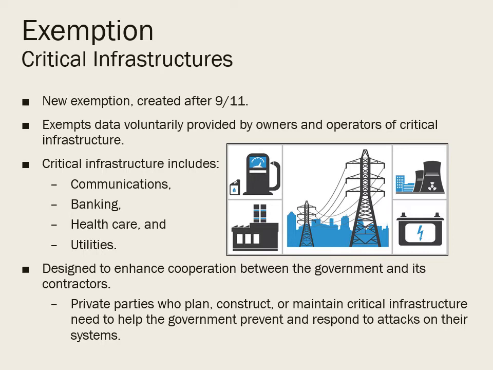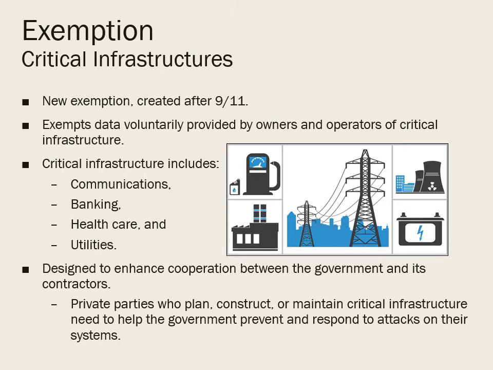It applies to communications, so you've got cell phone networks or landlines or internet providers, as well as banking, healthcare, and utilities. The reason for this exemption is that the federal government wanted to ensure cooperation from its private contractors, particularly in response to threats to critical infrastructure.